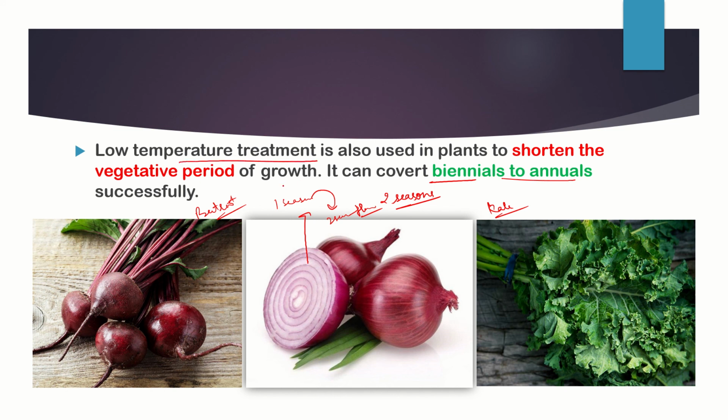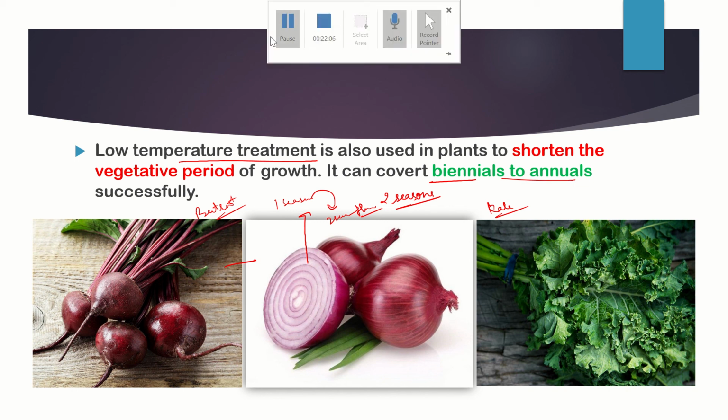Within the same season they will flower, produce seeds and perish. Okay, so in the next season you can sow a new crop. So you don't have to wait for their life cycle to complete. So all those plants in which vegetative parts are important may be converted from biennials to annuals via cold temperature treatment.